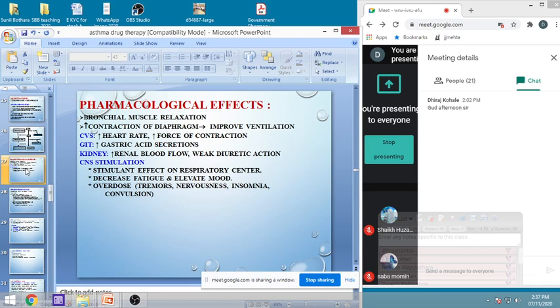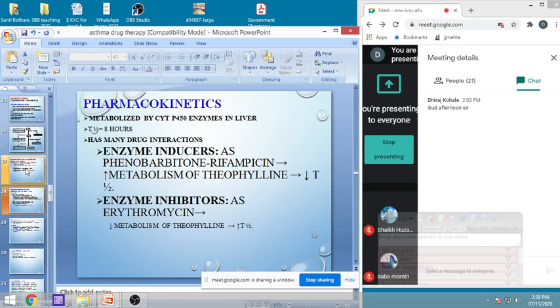On the CNS it shows a stimulant effect on the respiratory center, decreases fatigue, and elevates mood. An overdose can cause the same actions as salbutamol etc., such as tremors, nervousness, insomnia, convulsions. These we have all seen, so the side effects are almost comparable with the beta 2 agonists, because they almost share a mechanism.